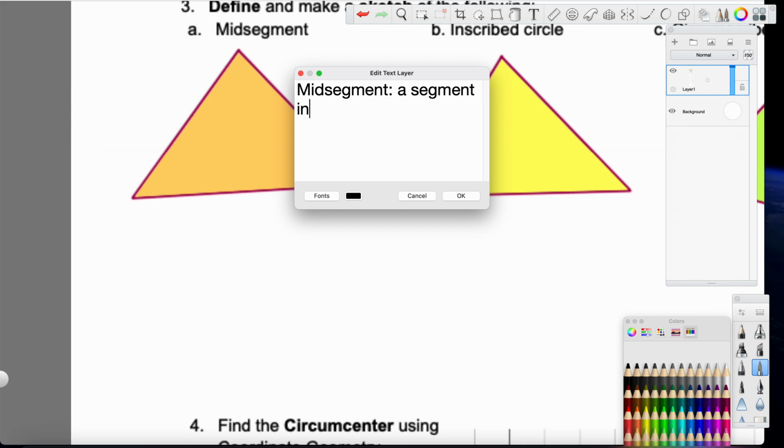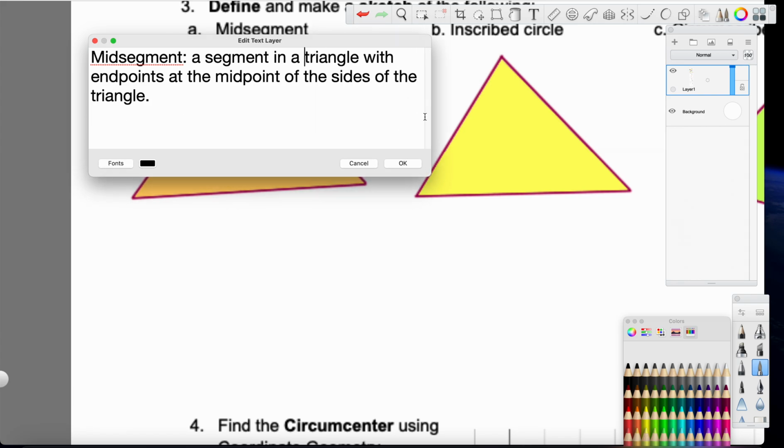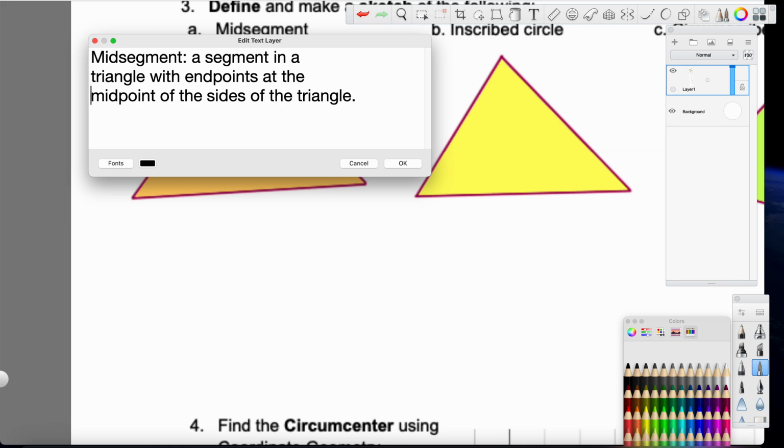A segment in a triangle with endpoints at the midpoints of the sides of the triangle.